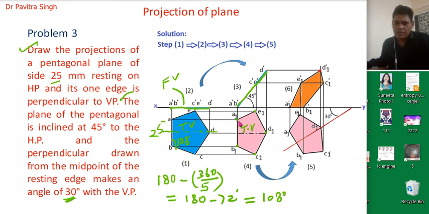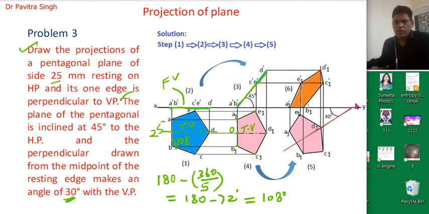Actually this is the resting edge which is perpendicular to the vertical plane, and the midpoint of this line is this. Suppose this is O. So we have drawn this line OD1. So this is the center line of this pentagonal plane. So this line OD1 is inclined 30 degrees with the vertical plane.